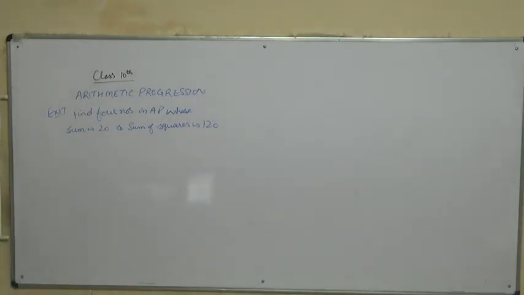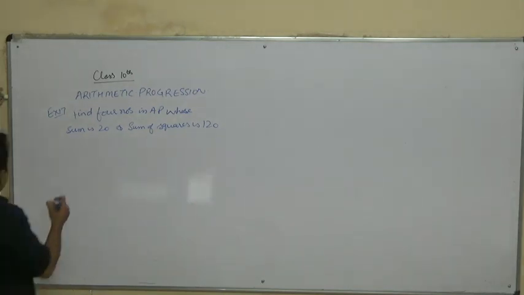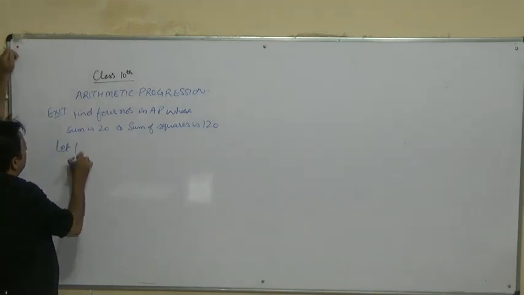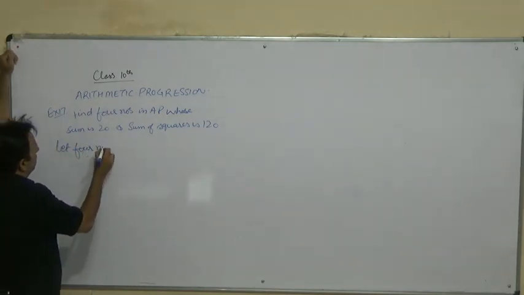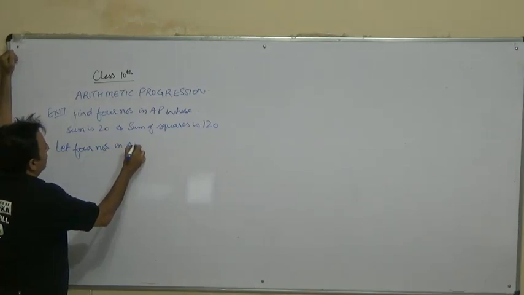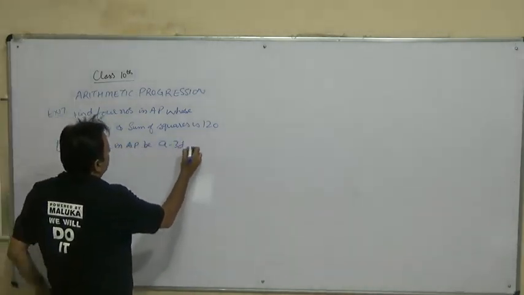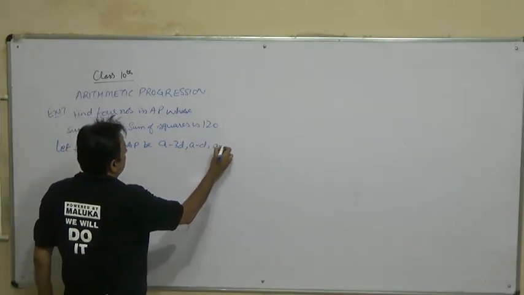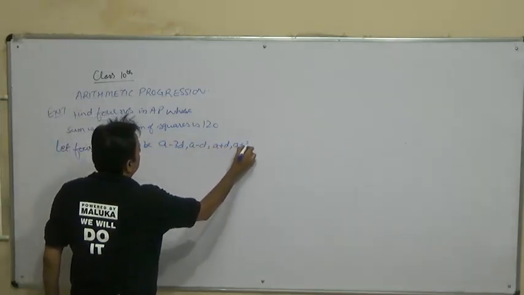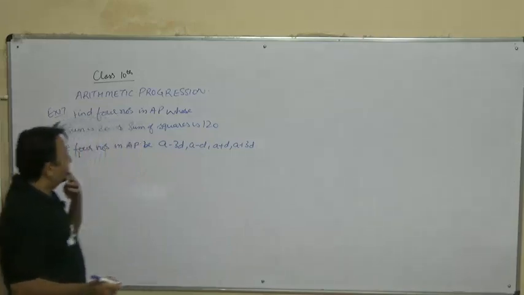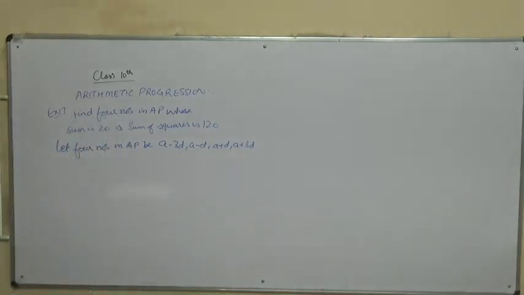Now we know the formula. When we have to assume 4 numbers in AP, how do we find them? So we assume let the 4 numbers in AP be a minus 3d, a minus d, a plus d, a plus 3d. Okay, these are the 4 numbers in AP.